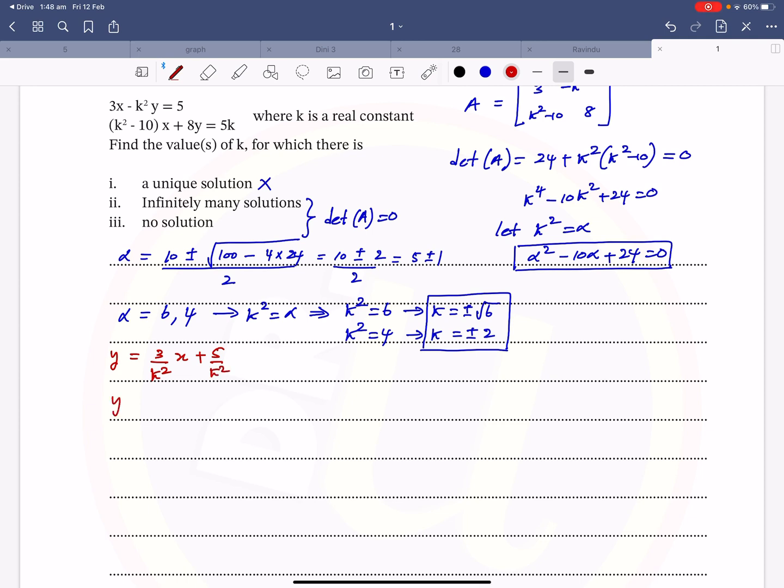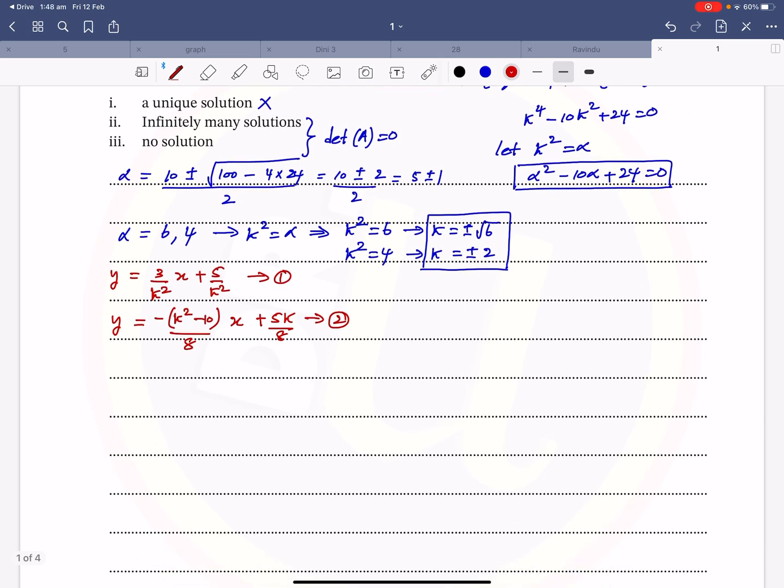The second one would be y is equal to minus (k squared minus 10) divided by 8 times x, plus 5k divided by 8. And this is the second equation.